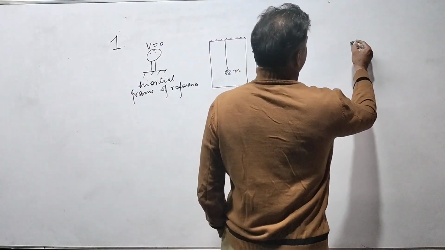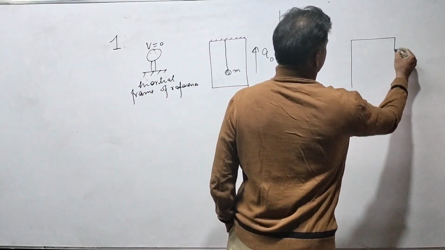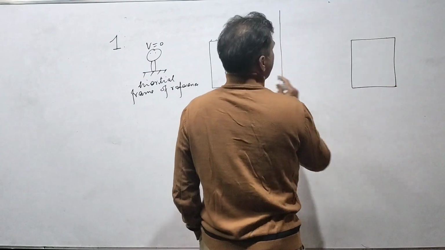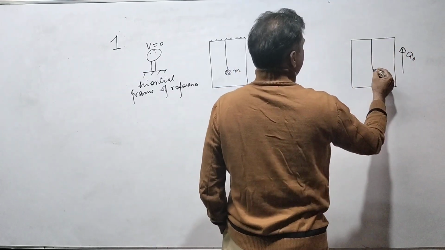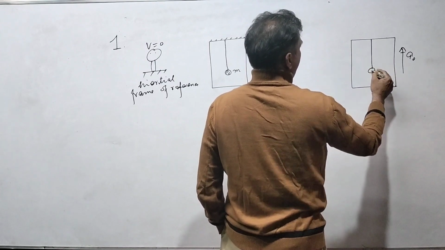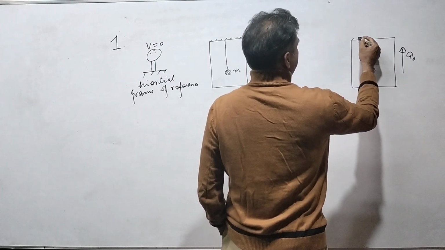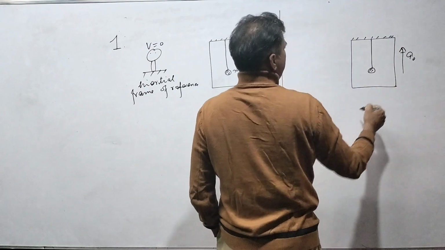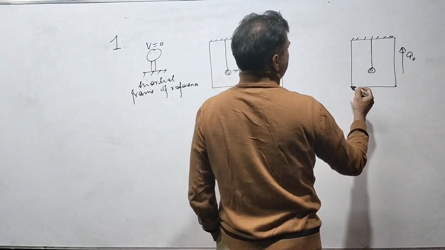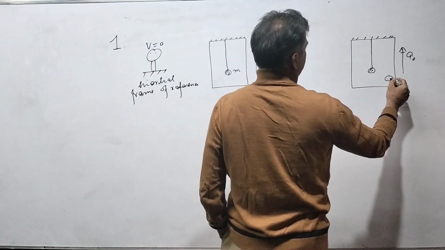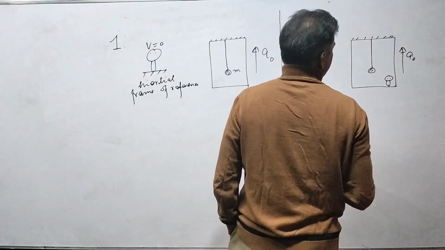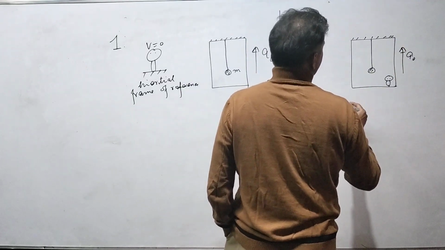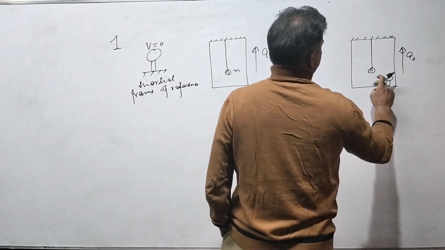Now again, a lift here, the same one, accelerating upwards with acceleration a0, and a bob is attached to the string and to the ceiling, and it hangs downwards, and the person is now here inside the lift. He is also accelerating with acceleration a0, and I want to solve the problem for this person also.